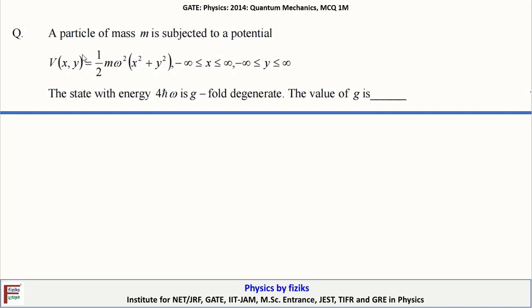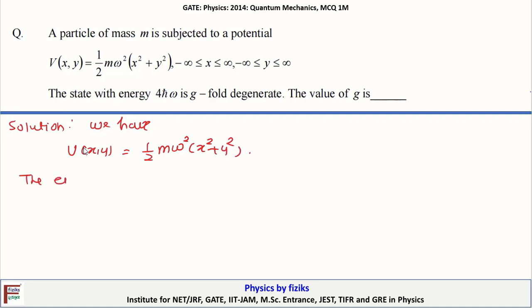A particle of mass m is subjected to the potential V(x,y) equals ½ mω²(x² plus y²). The state with energy 4ħω is g-fold degenerate. The value of g is? Solution: we have V(x,y) equals ½ mω²(x² plus y²).